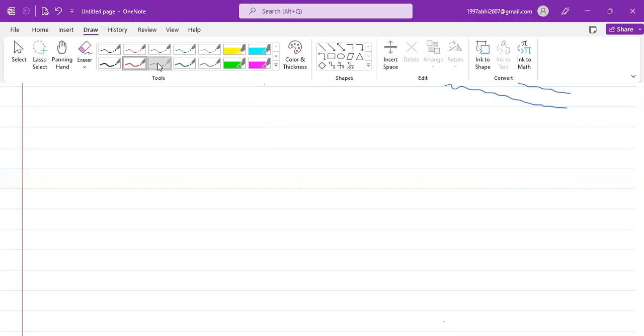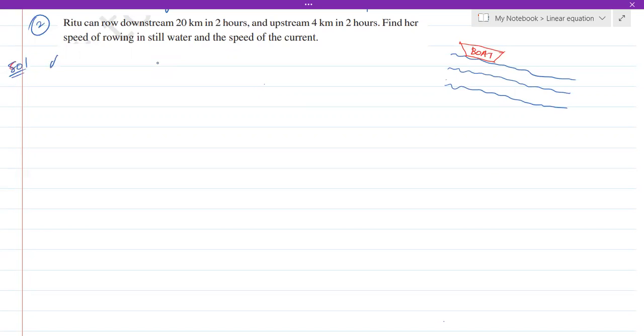Let the speed of rowing in still water, that is if water is not flowing and she, Ritu, is rowing the boat, let it be x kilometer per hour, kmph.